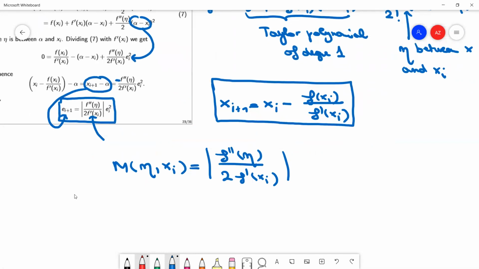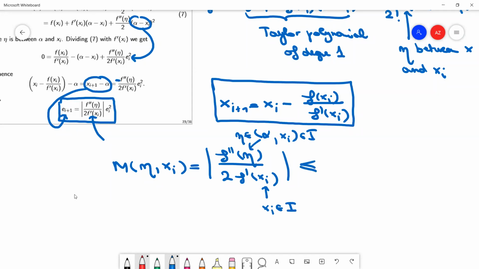But at the beginning, x naught was from the interval I. So xi is in the interval I. And this eta is between alpha and xi, so it also belongs to the interval I. And we can now estimate this m from above.